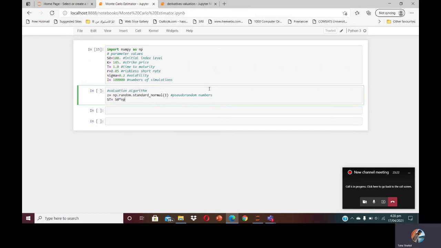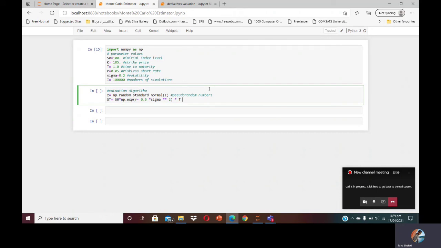np.exp of (r minus 0.5 multiplied by sigma square) multiplied by T, time to maturity.